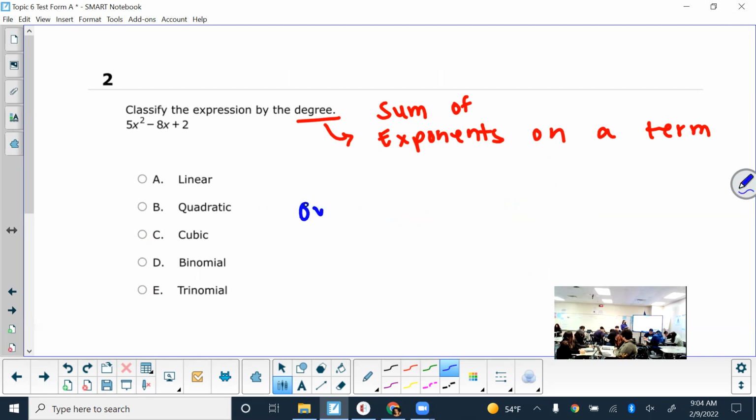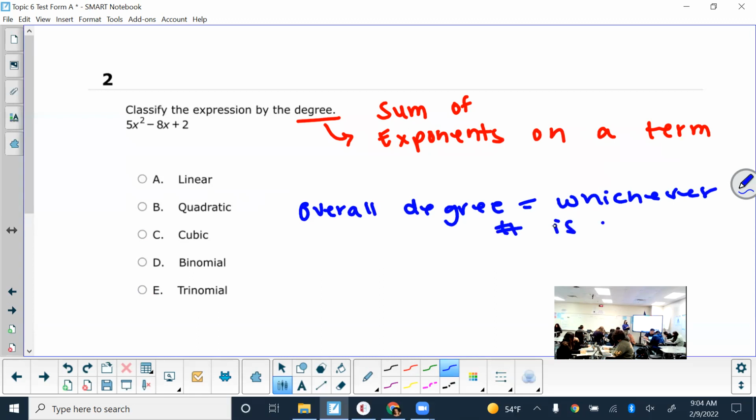But the overall degree is whichever number is highest. So it wants the overall degree, but we need to look at each one individually first.